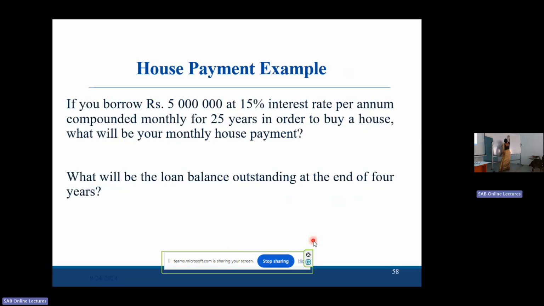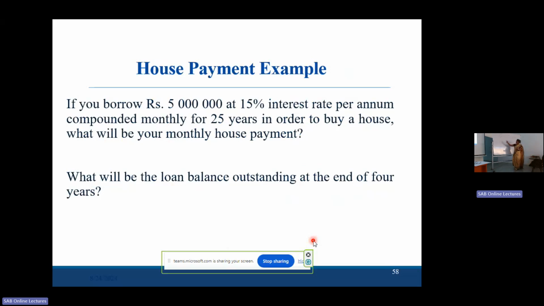So you are going to repay this loan in 25 years with a monthly installment. 25 years monthly installment means how much? 25 times 12, 300. So using 300 monthly installments, you are going to settle this loan.